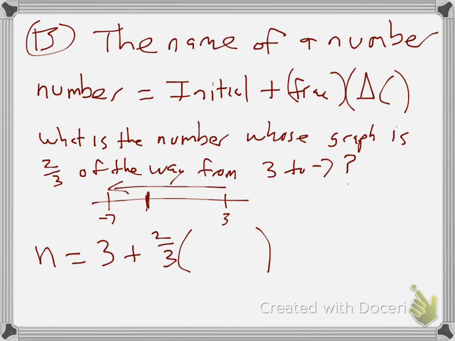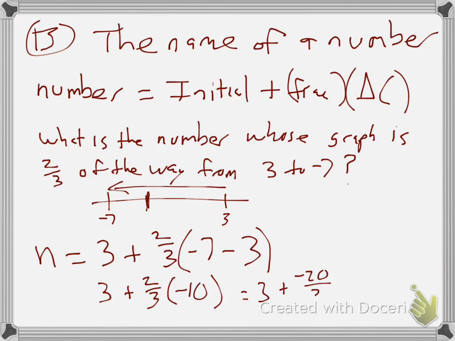What's my final number? -7 minus 3. And if I do that, I end up with 3 plus 2/3 times -10, which equals 3 plus -20/3. Can you guys agree with that?